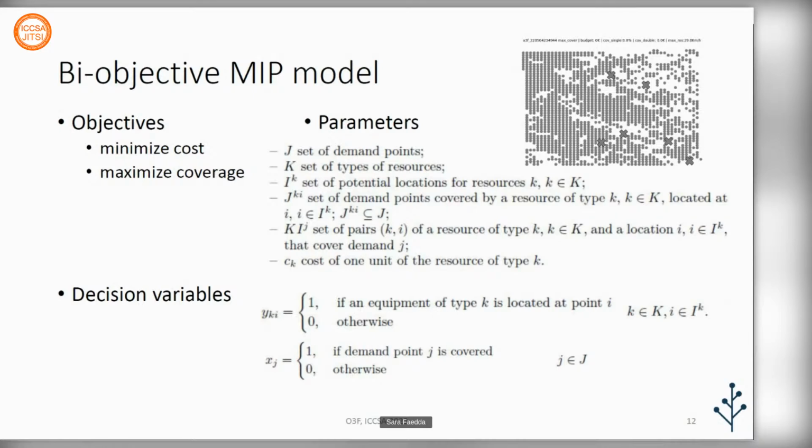The model is based on decision variables, which is a very classic model for location problems: x_j is equal to 1 if demand point j is covered, and y_ki is equal to 1 if element k is located at point i.